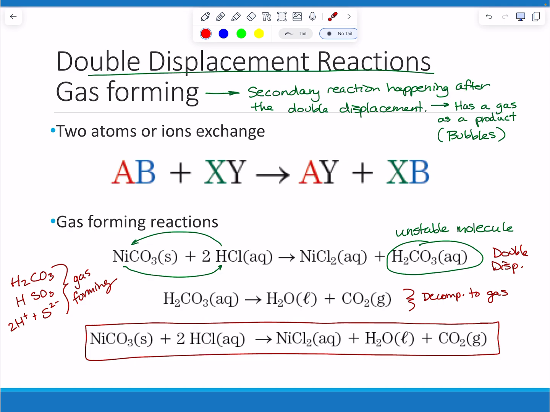And the thing that disappears, the thing that decomposes, is not shown in the overall reaction. So you're going to know that it's a gas-forming reaction because it's going to form a gas. And the 3 gases you can get are CO2, SO2, or H2S. So these are the 3 possible gases when you have gas-forming reactions.